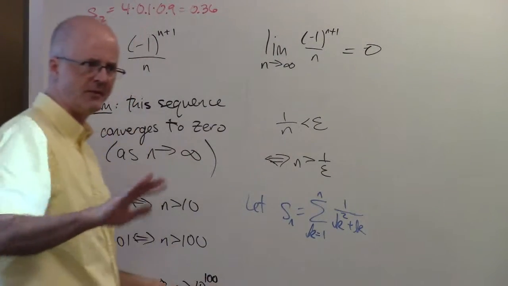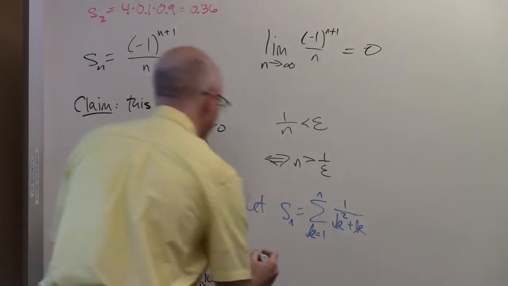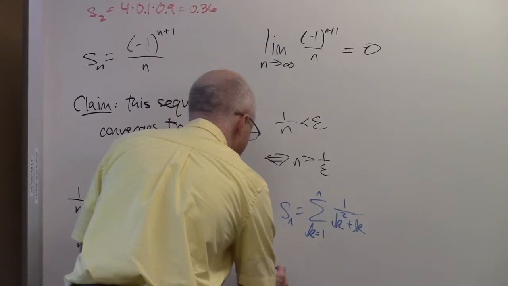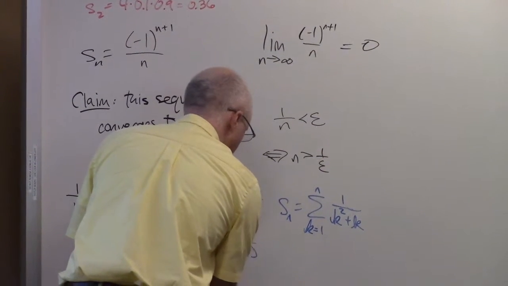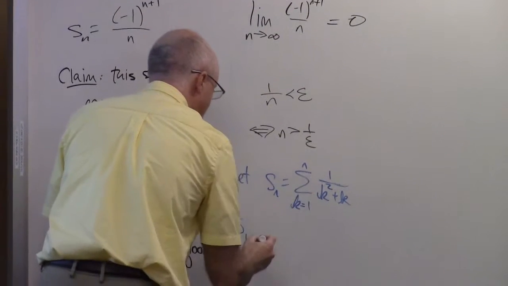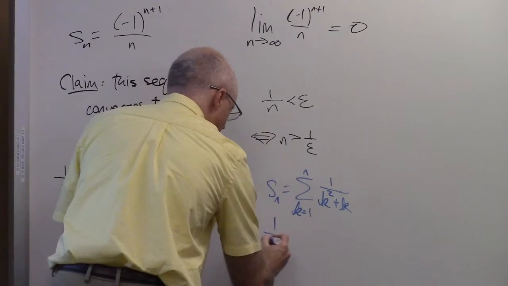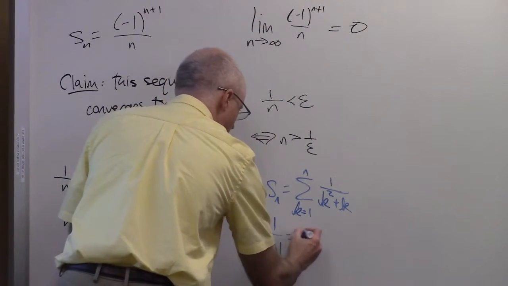Let's just try to figure out the first few values anyway. S1 then is going to be the sum, k goes from 1 to 1 of that expression, which would be just one thing. 1 over 1 squared plus 1 is 1/2.